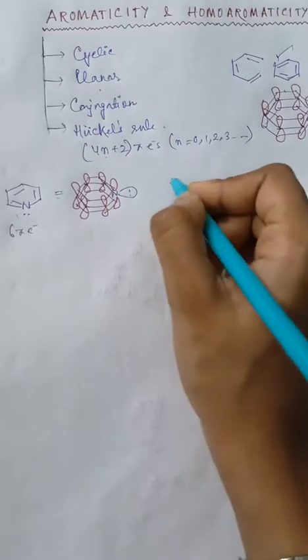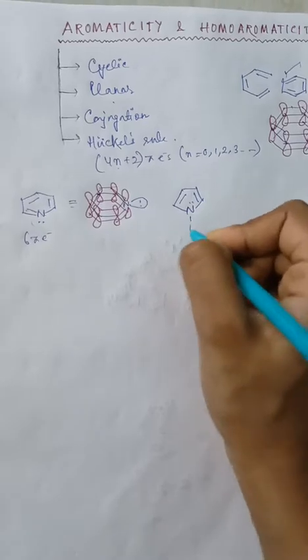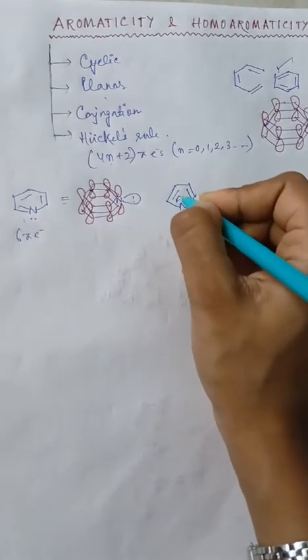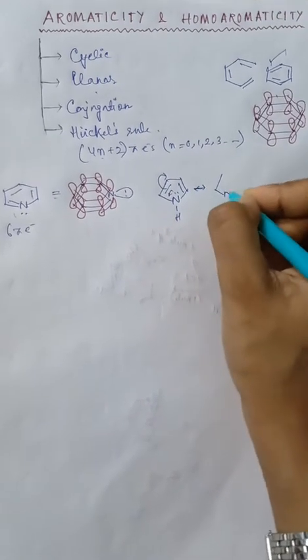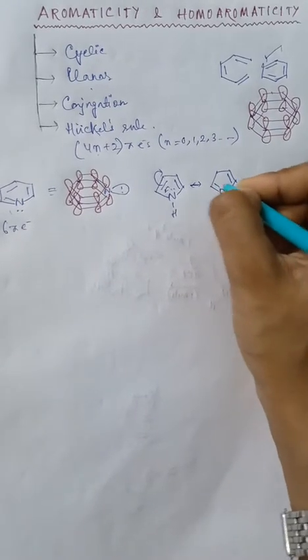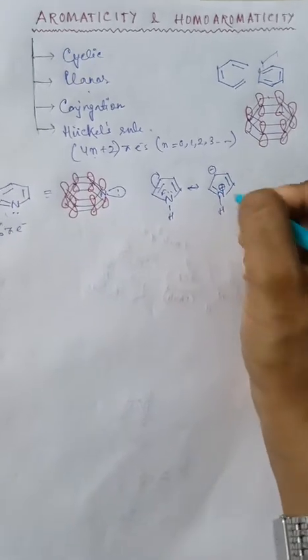If I take this one, pyrrole, this is also aromatic. Now you have to count this lone pair, because this is in conjugation.